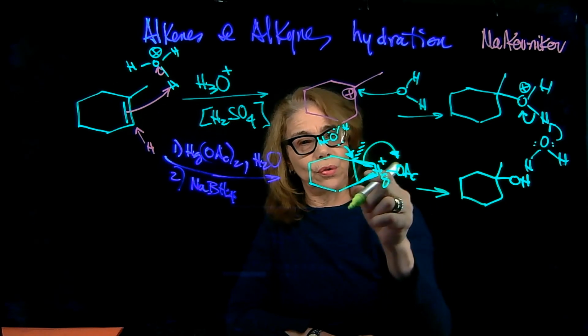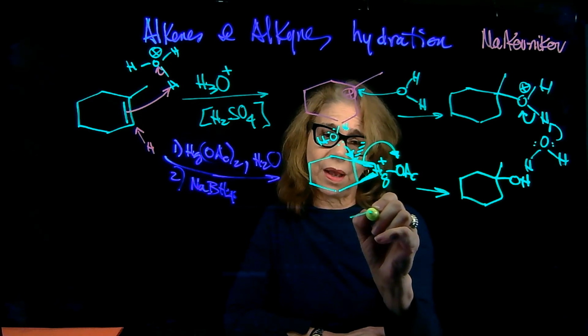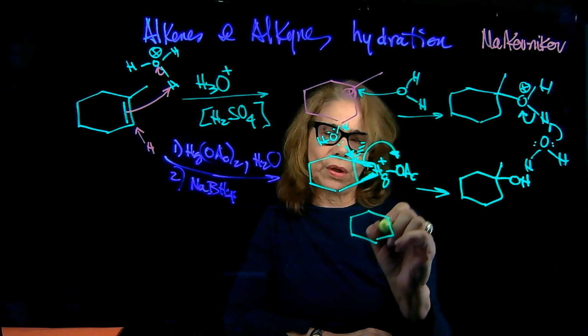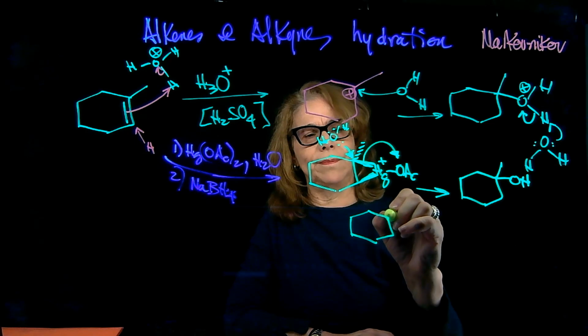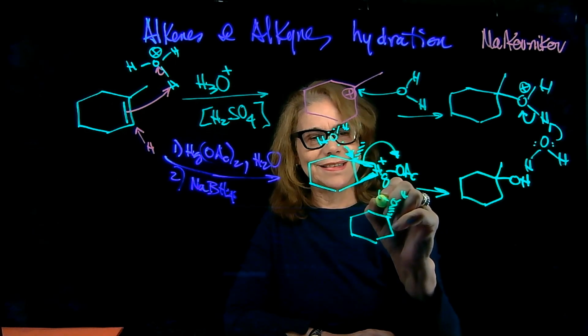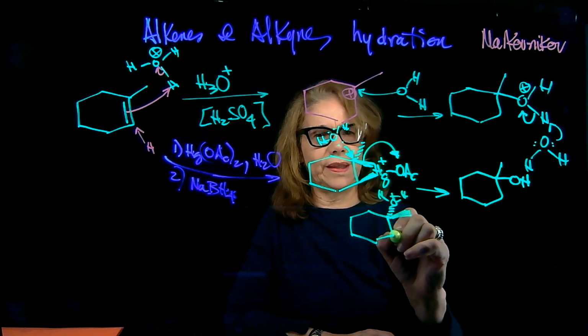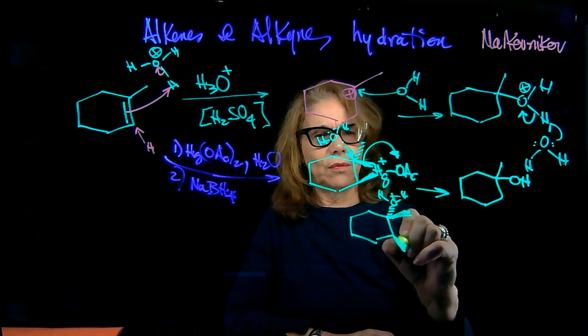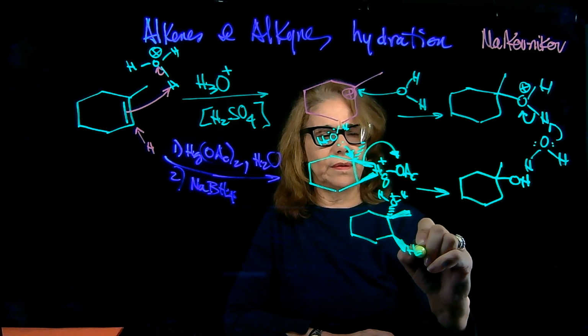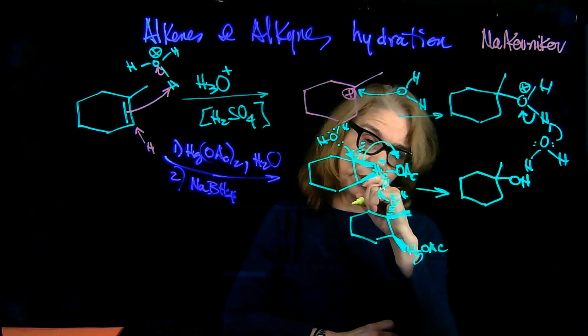Later on, when this intermediate opens up, if you had attack from the back, this is O. This is your metal, which we had there, but this is removed in a later step with sodium borohydride.